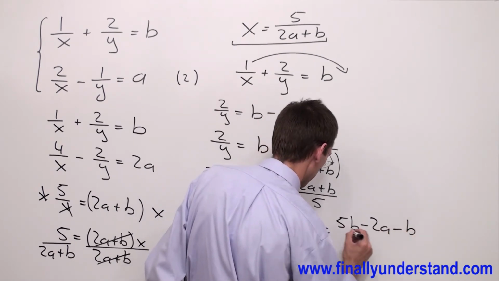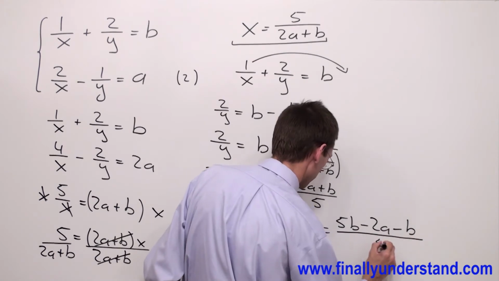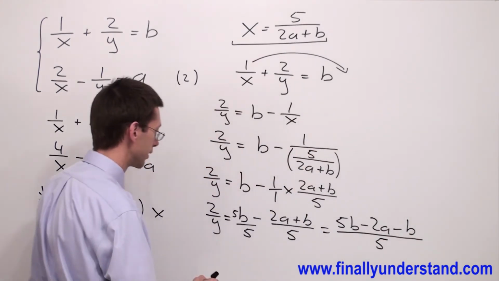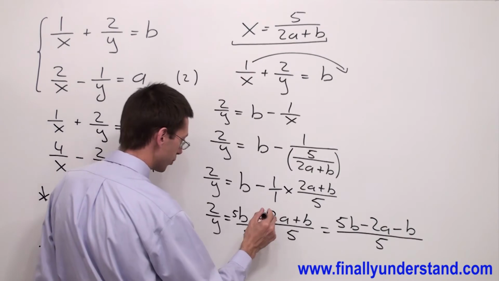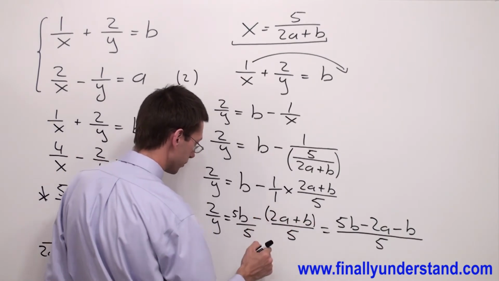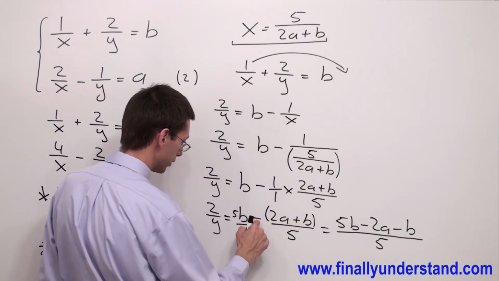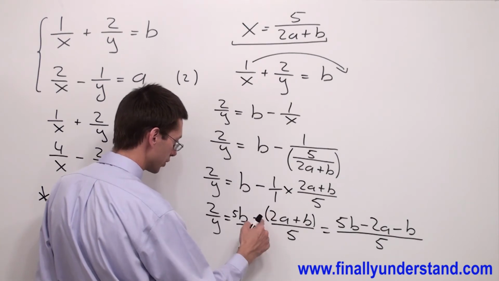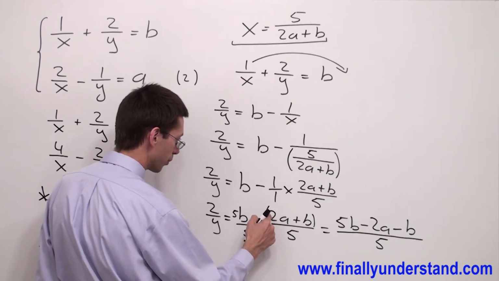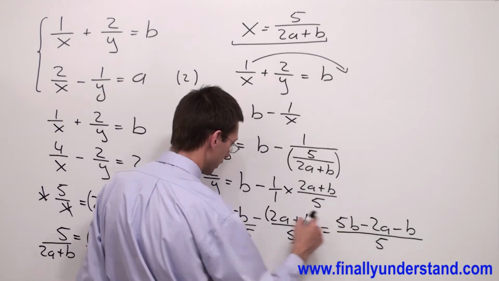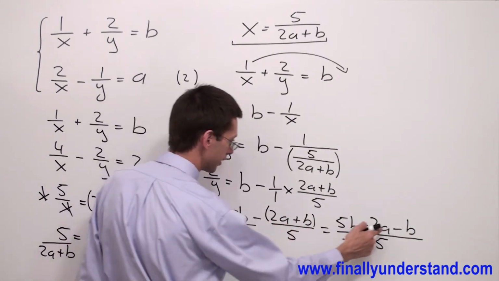b over 5. Keep in mind that 2a plus b is like a separate term, okay, and I have a negative sign at the front of the parentheses, so negative times an invisible positive gives me negative, and negative times positive gives me negative.